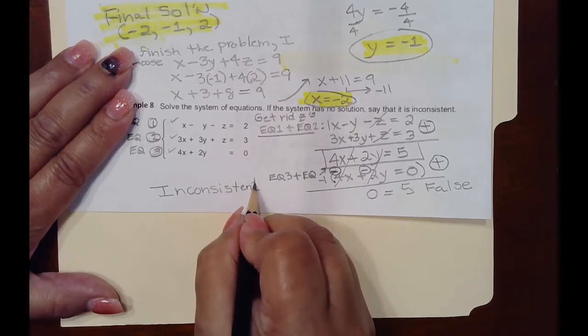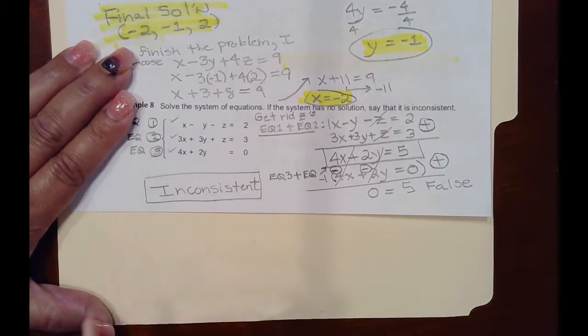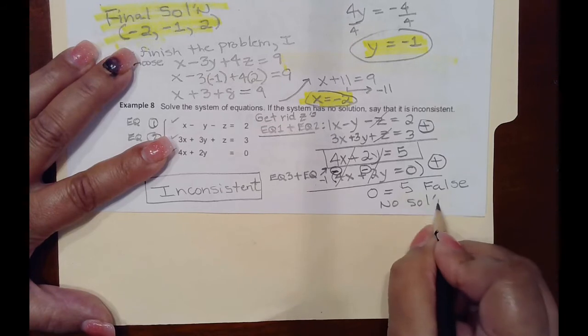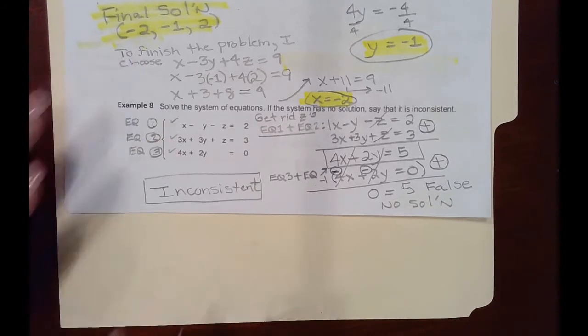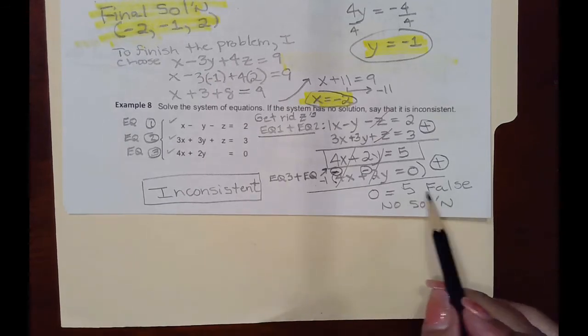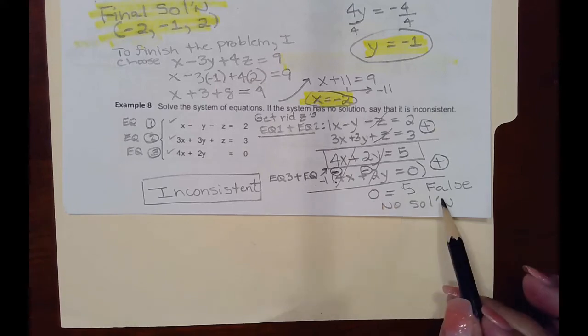So this system is said to have no solution, and that's the same thing as saying inconsistent. We have certain terms that mean no solution. And we know that there's no solution because we got a false statement here. 0 is not equal to 5.